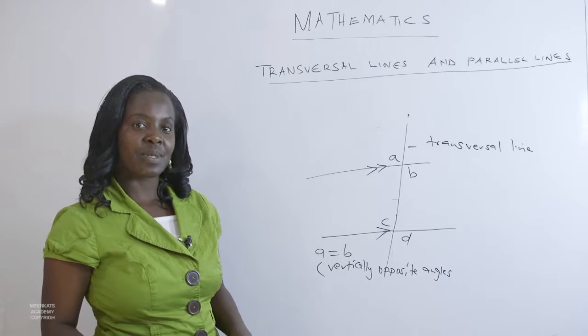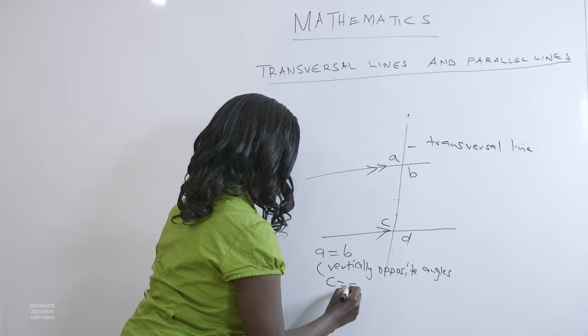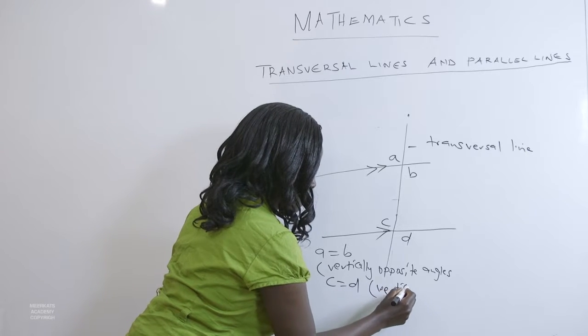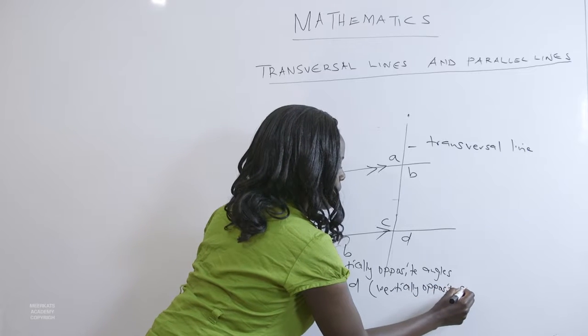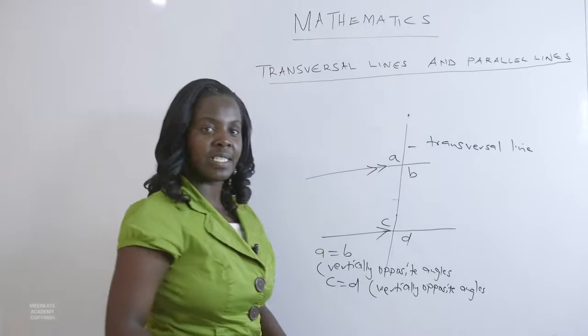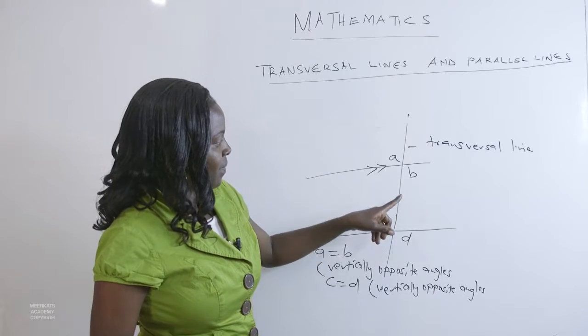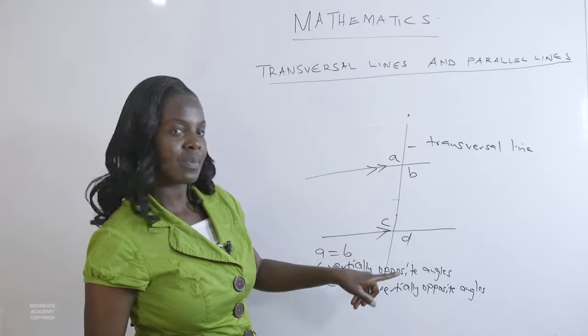Vertically opposite angles. Same case with C and D. They are vertically opposite angles.